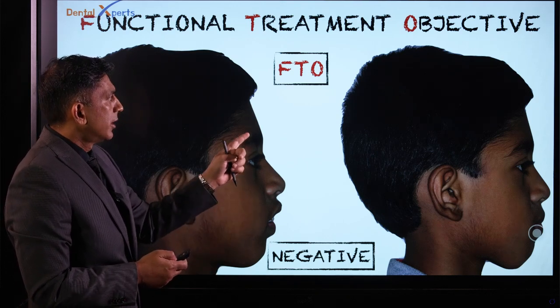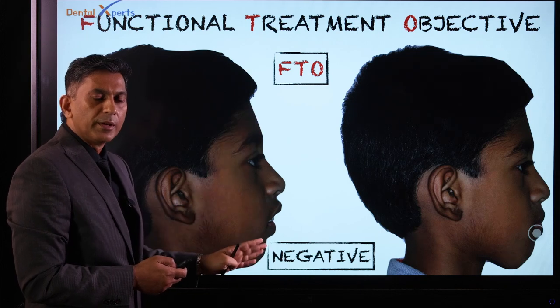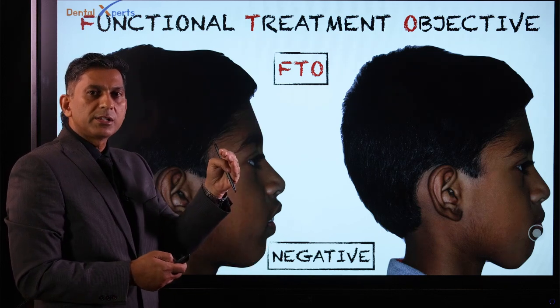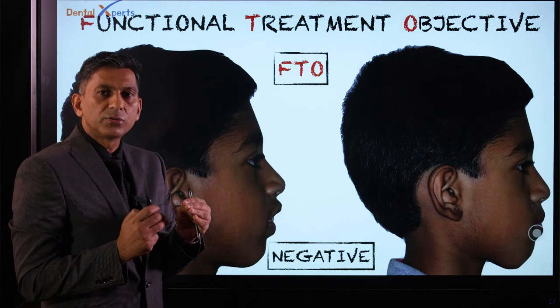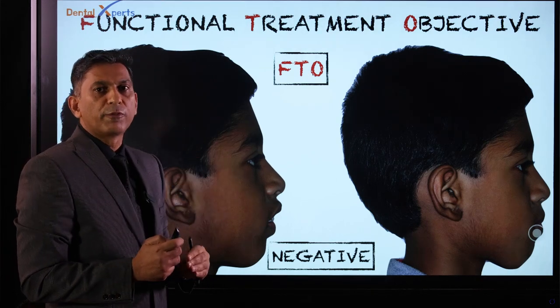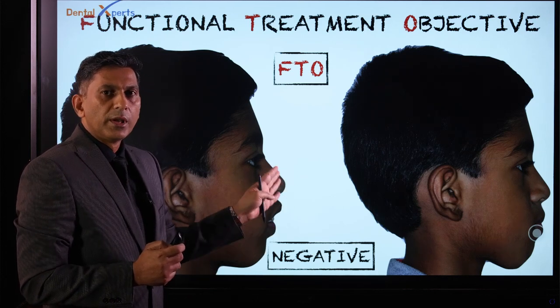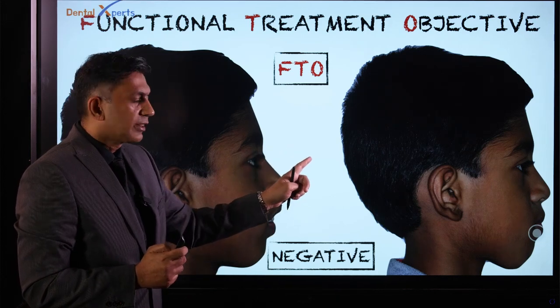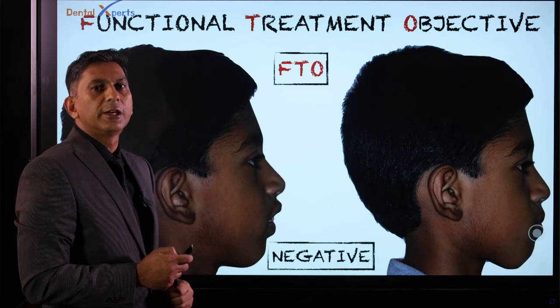We also get FTO, or functional treatment objective, negative. That means, when we ask the patient to stand in natural head position and advise the patient to advance the mandible, we will not get an acceptable profile, which indicates this is a negative FTO, and we need to treat the prognathic maxilla with the help of orthopedic appliance, that is a headgear.